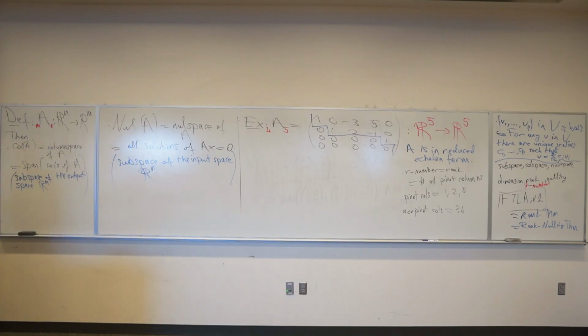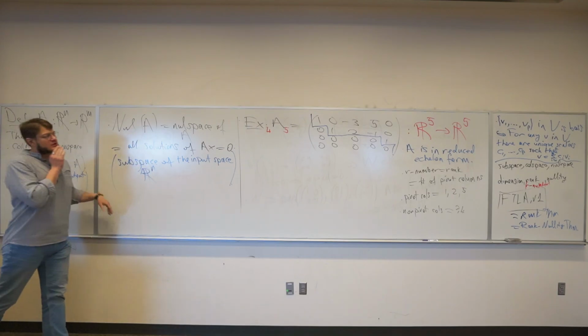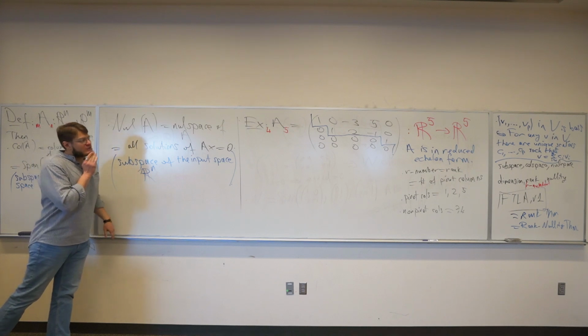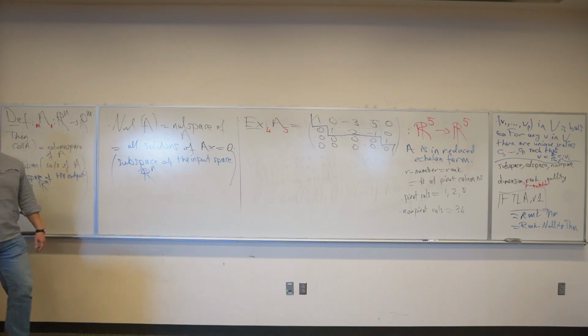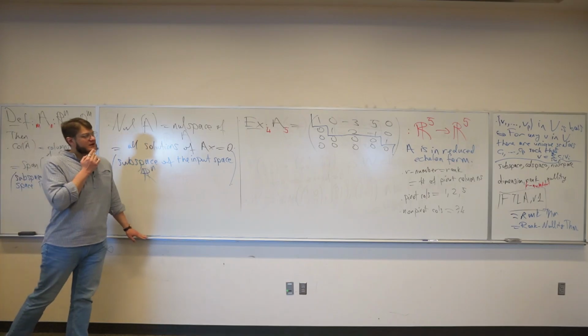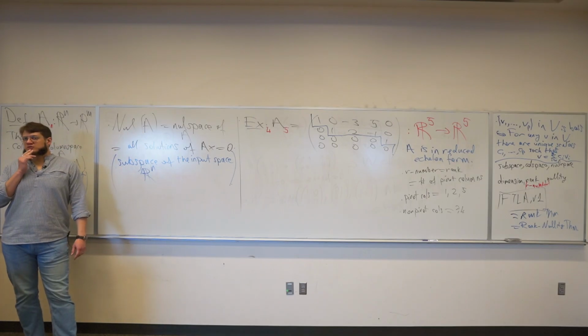Here's another question. Say I give you a system of the form AX equals B for this matrix. You solve it, whatever. How many free variables are you going to see when you solve it? You think one?